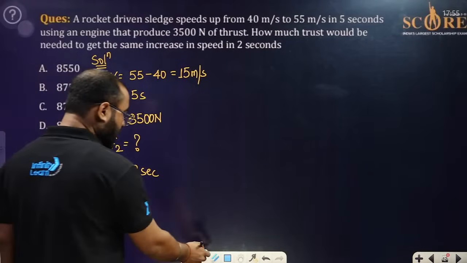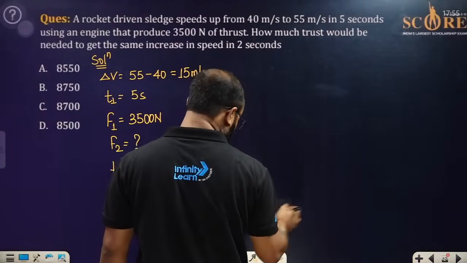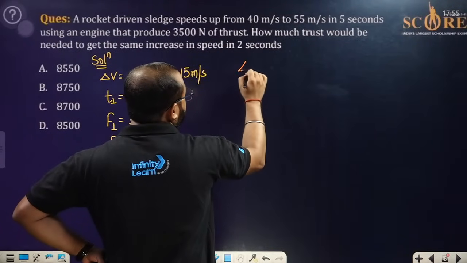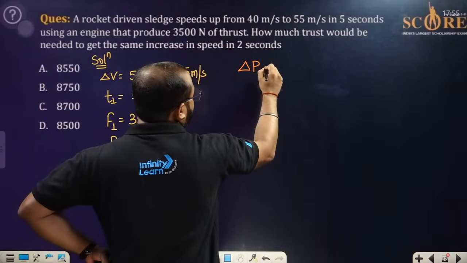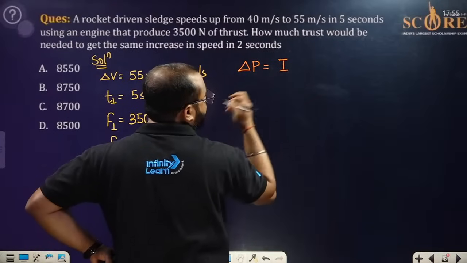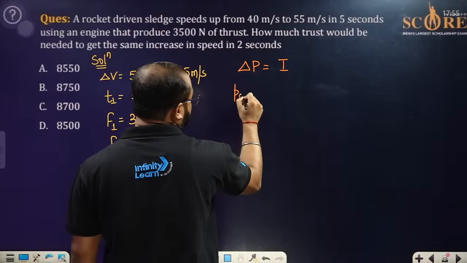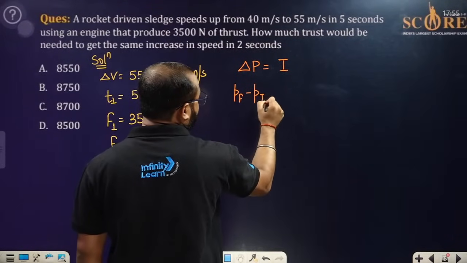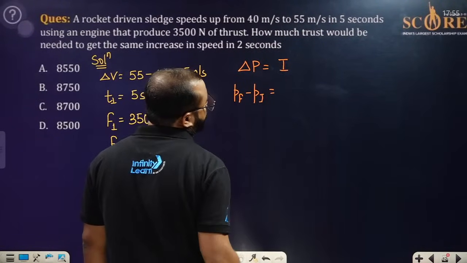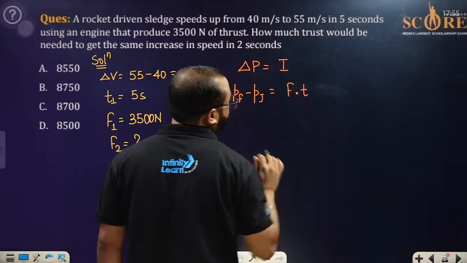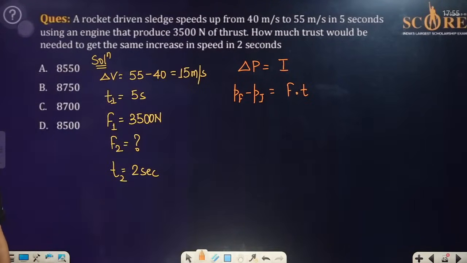We can write that the change in momentum equals impulse. So the final momentum minus the initial momentum equals force into time.